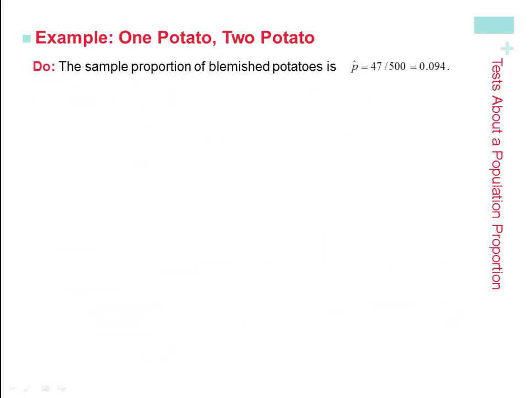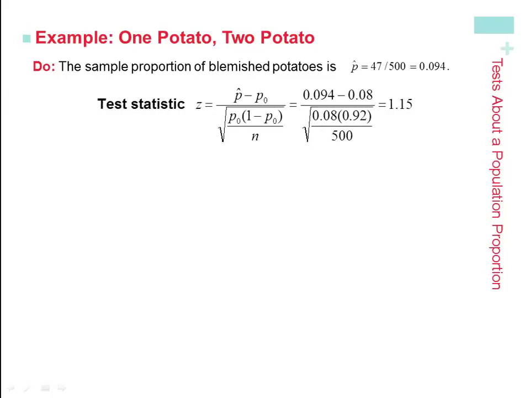The name of the test again is a one-sample z-test for proportions. To obtain my test statistic, z, I need to figure out what my p-hat value is to do that calculation. So once I know that p-hat is 47 divided by 500, or 0.094, my test statistic, which is a z-score, will be p-hat minus p-naught divided by the square root of p-naught times 1 minus p-naught divided by n.